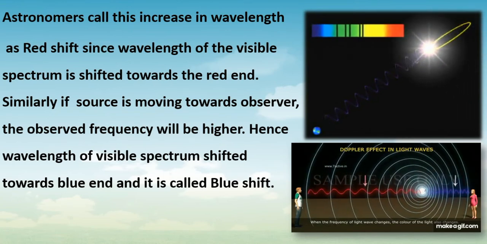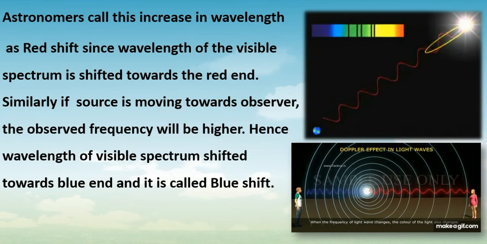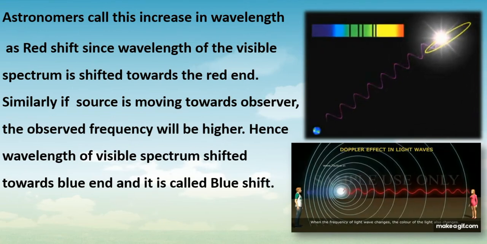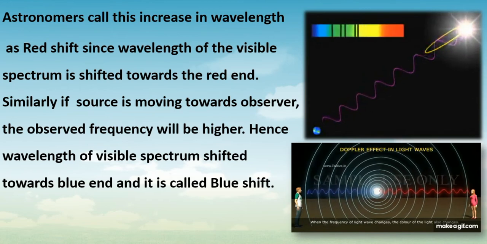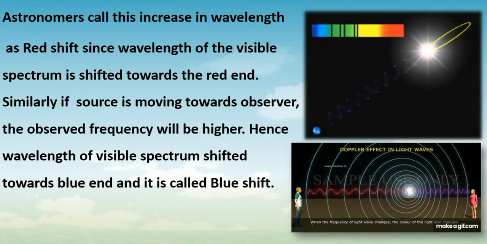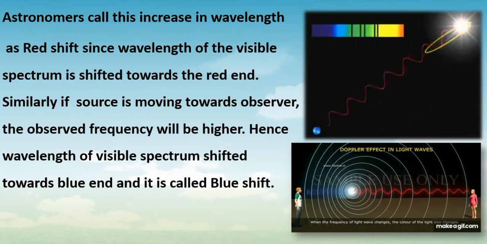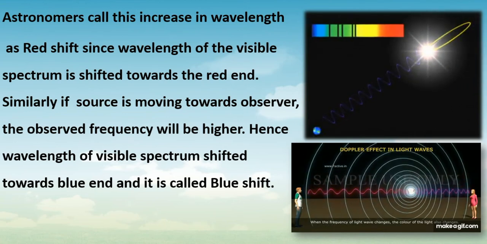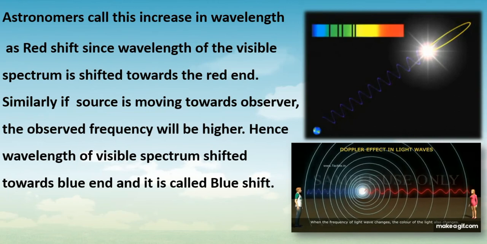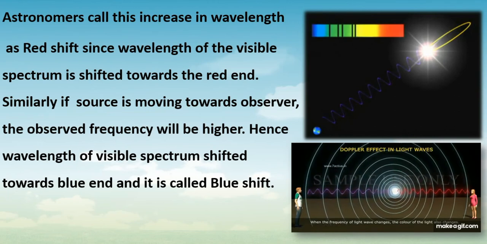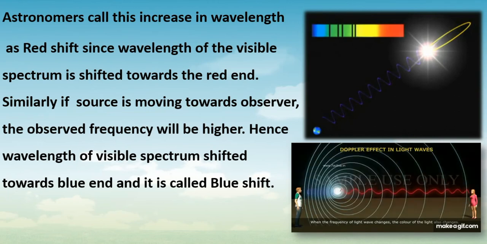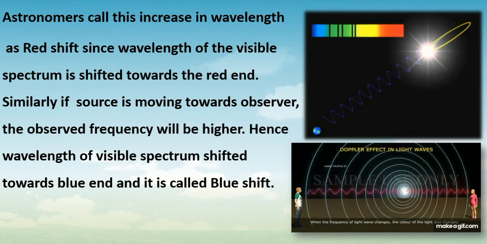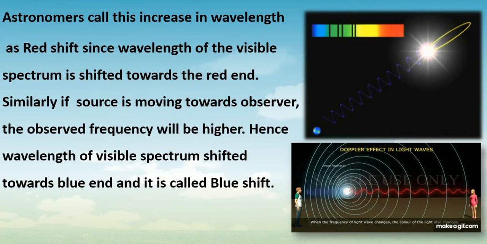So in the previous case we said that there will be a decrease in the frequency, as well as an increase in the frequency. So astronomers call this an increase in wavelength. See, if the frequency is lower, then the wavelength is longer.